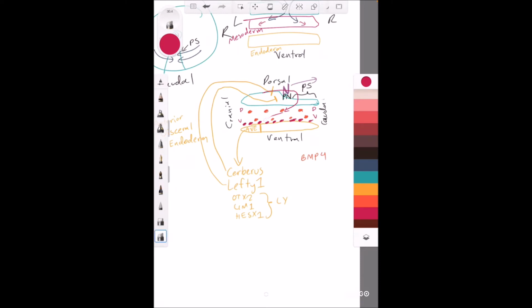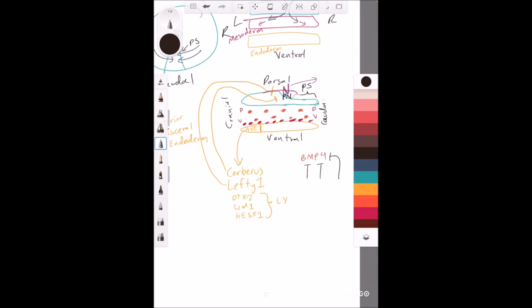But what if we want to make the notochord? We need to stop this. We need to stop this protein from doing its thing. We need to stop belly-making protein. We need to stop the orange. And the way that's going to happen is that we can stop it with... It has a couple of inhibitors.